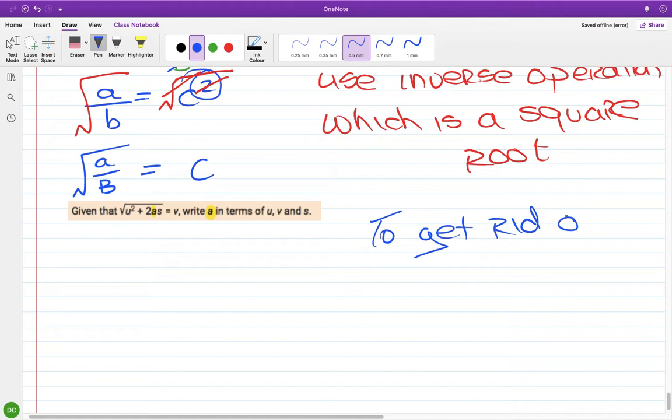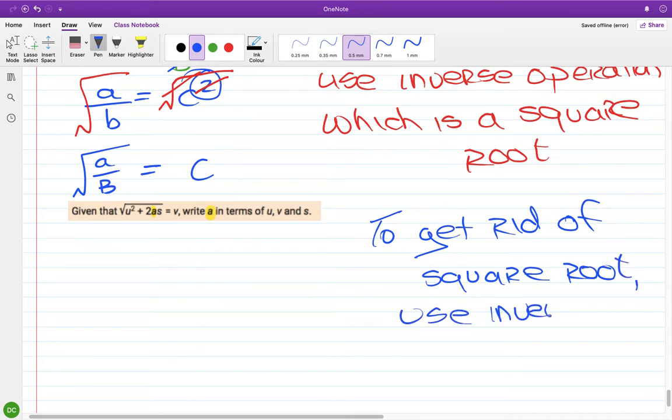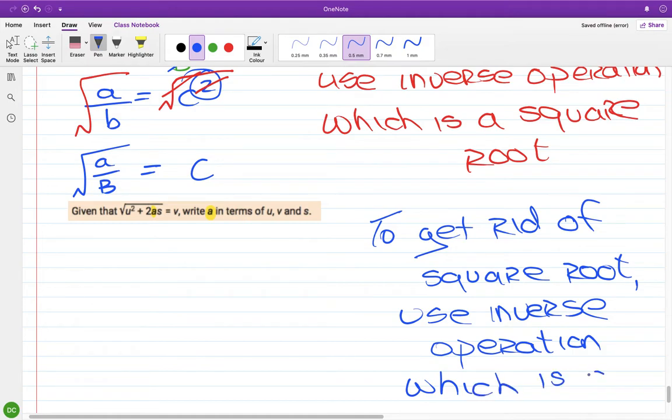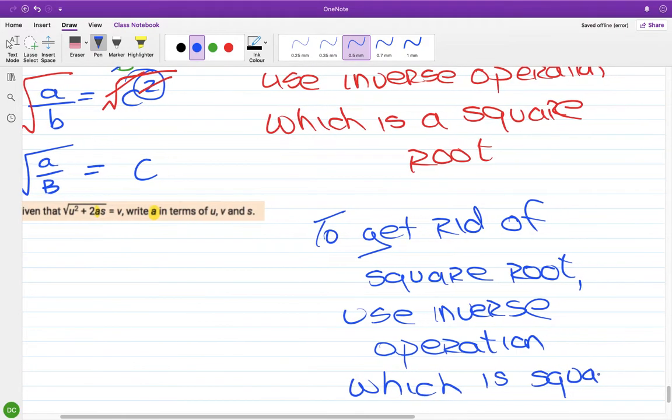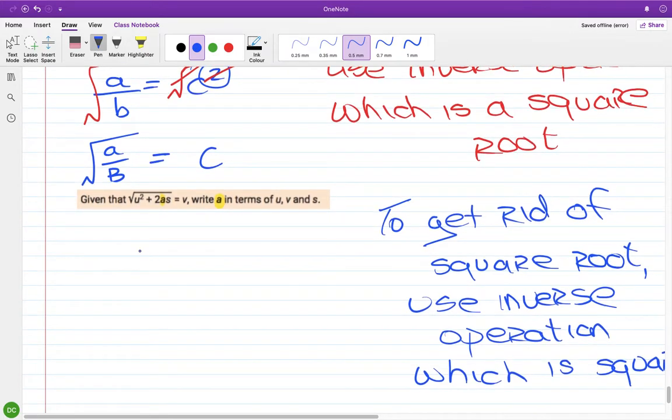Okay, you should already know the answer to this. So to get rid of the square root, I use the inverse operation. And the inverse operation of a square root is, yeah, we just talked about it, square. Okay, so what I'm going to do with this, I'm just going to write it out again because it's too small.